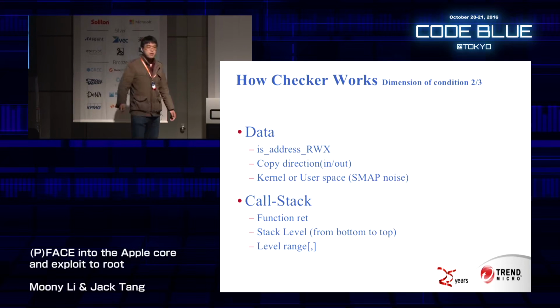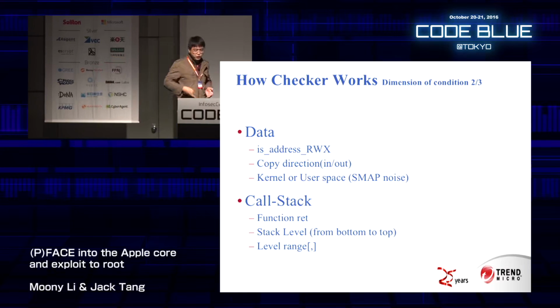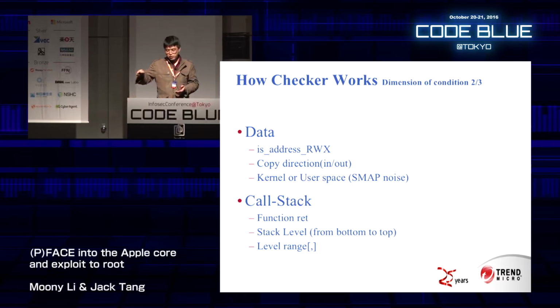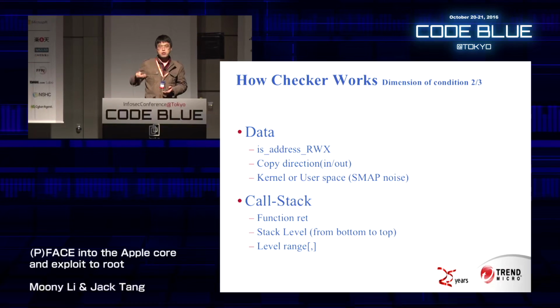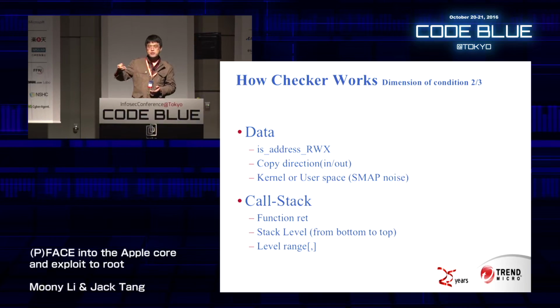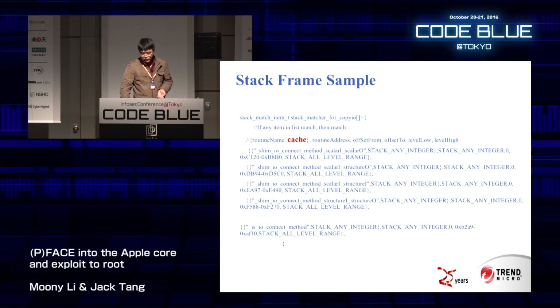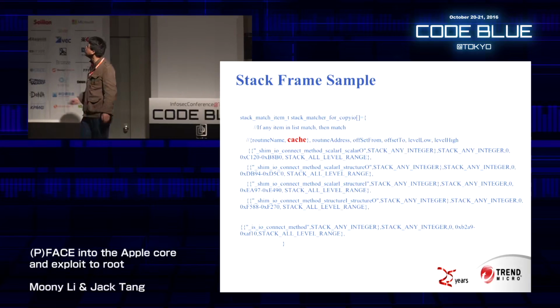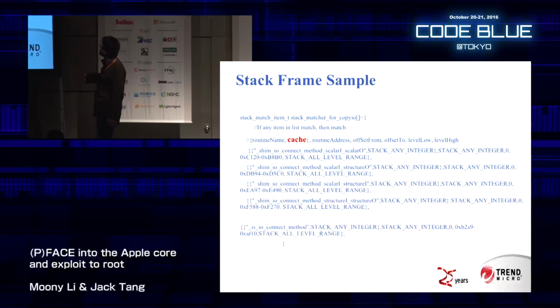About the call stack, we will care about the information of any frame of the call stack. For example, we will care about the return address in the call frame, and the stack level from bottom to top in the call stack. Take an example. This is the call stack.